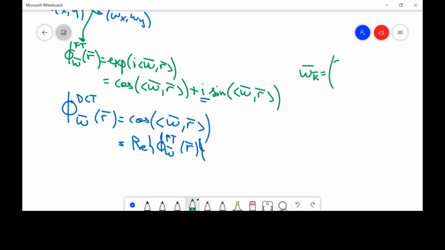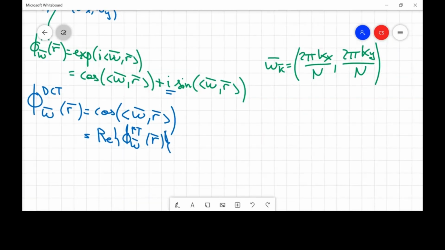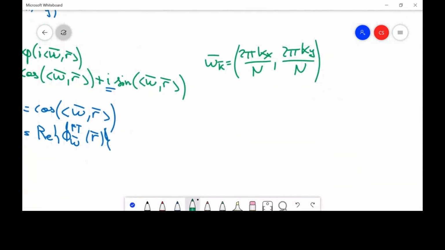You have 2 pi kx over n, 2 pi ky over n, assuming that the image is squared. And then kx and ky take values from 0, 1, up to n minus 1. So here you have a finite set of frequencies.